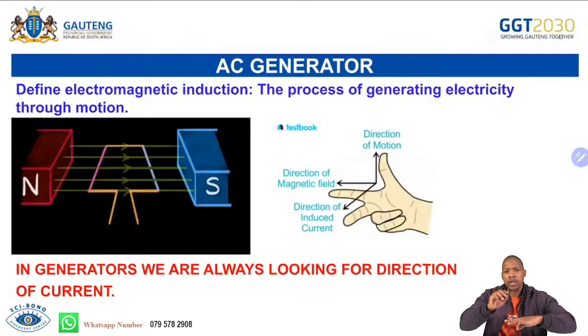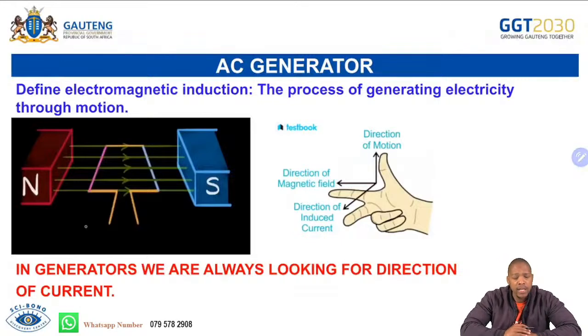There must be relative movement between the magnetic field, where you have a magnet, which obviously has a magnetic field around it, and a conductor, moving relative to one another. Electromagnetic induction tells us that electricity is going to be generated. So that's what actually happens in a generator.